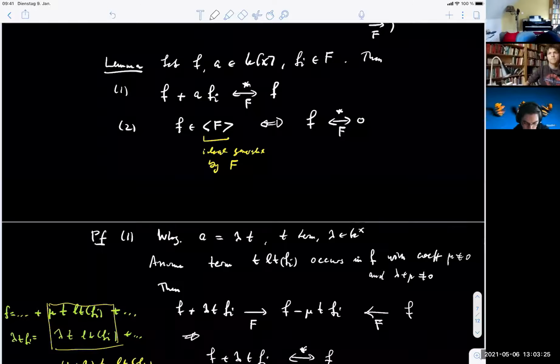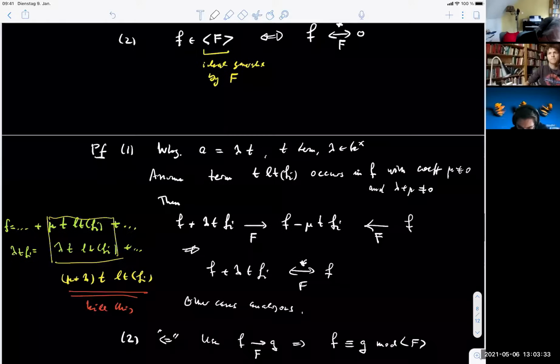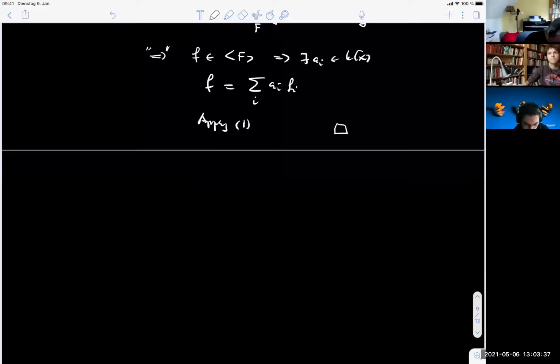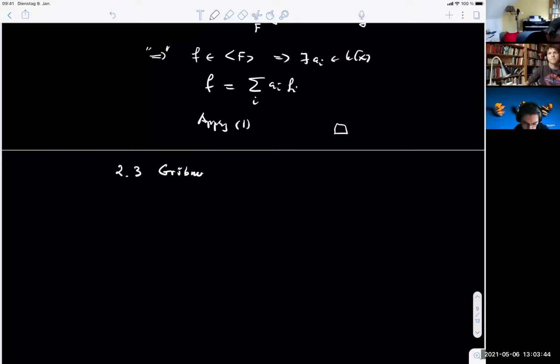Okay, but now finally I can define the concept of the Gröbner basis, and I think that's a real highlight. It's important. It's a nice thing. So next section, Gröbner basis. Wolfgang Gröbner was an Austrian mathematician working in algebraic geometry.